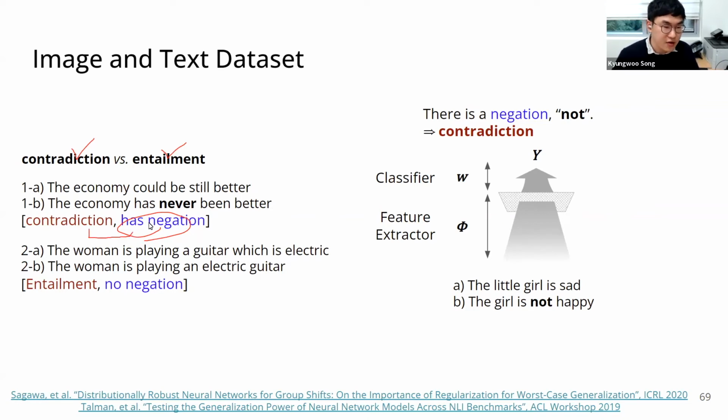However, it is not an invariant feature, and it may cause performance degradation. When the machine encounters a test case such as "the little girl is sad" and "the girl is not happy," the machine will predict that they are a contradiction because of a negation expression.